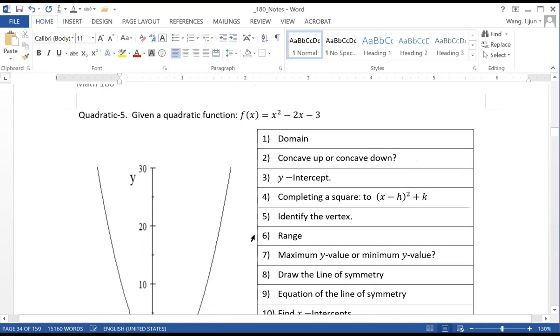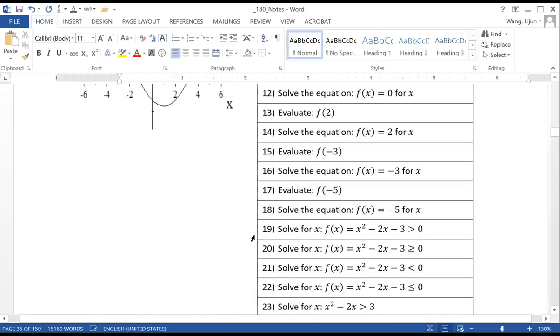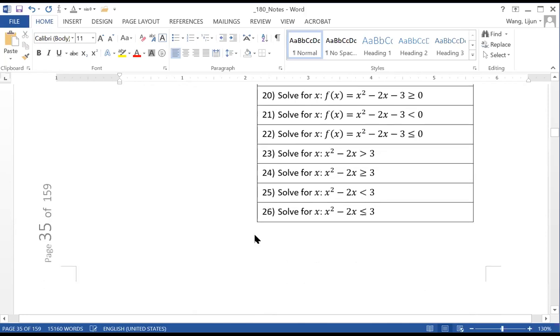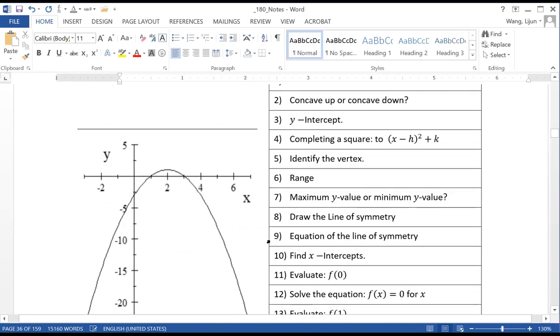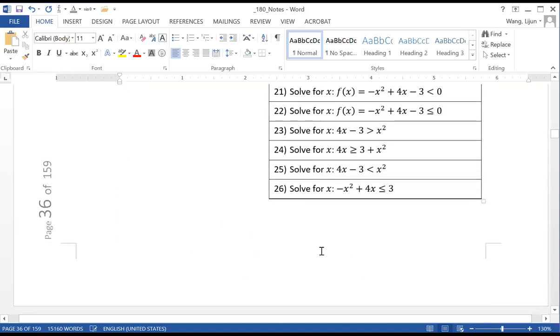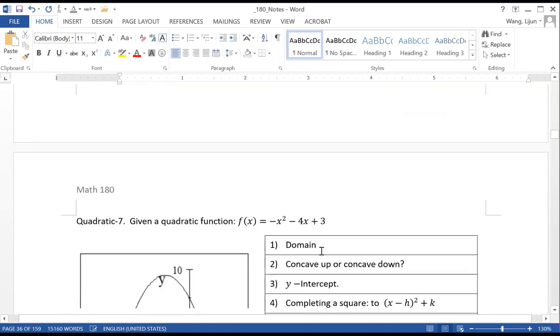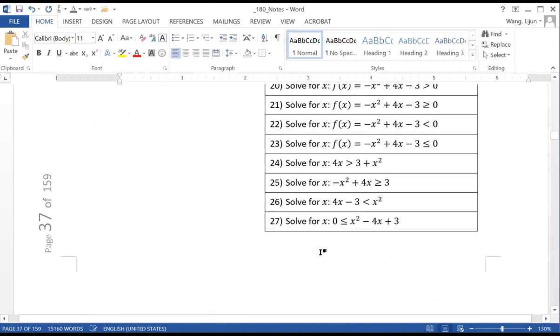Quadratic 5 is similar, so I'm not going to do it in class. You should try them. And quadratic 6 is an example where the parabola opens down. Everything is similar. Vertical cut, horizontal cut, and so on and so forth. And quadratic 7 is opening down again.